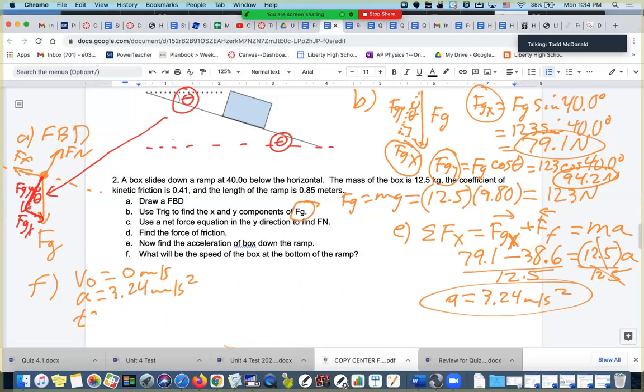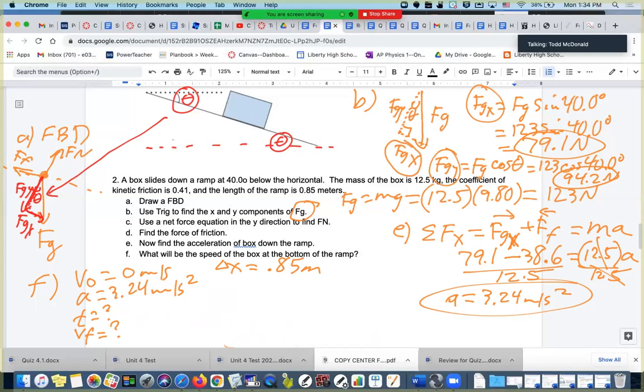Do we know time? We don't. Do we know V final? No, we do not. We know one more piece of information. We know delta X. The length of the ramp, or the displacement as it moves to the right, is going to be 0.85 meters. So that's how far the box is going to move.